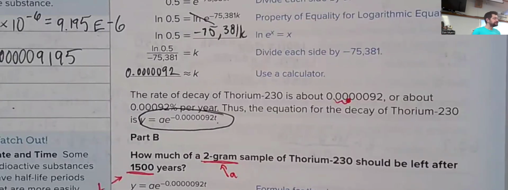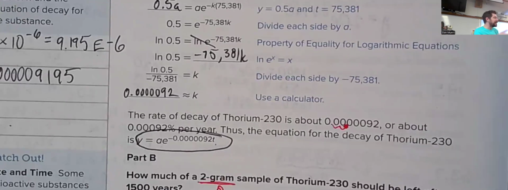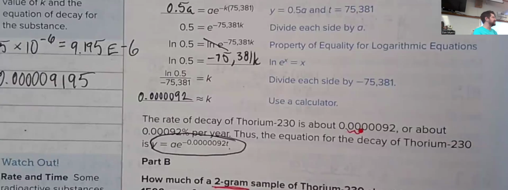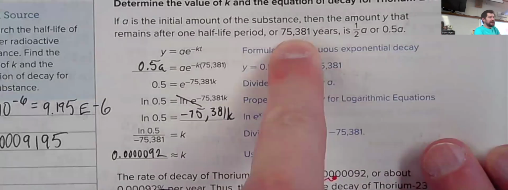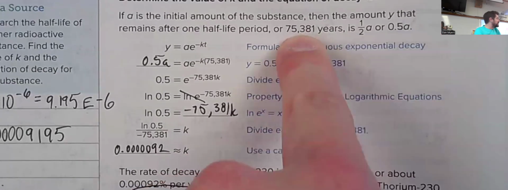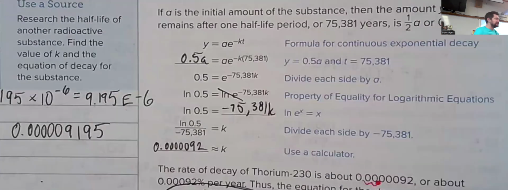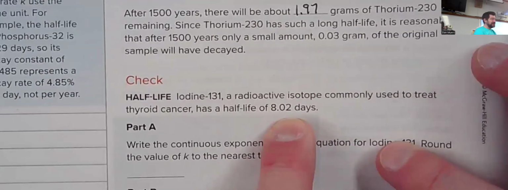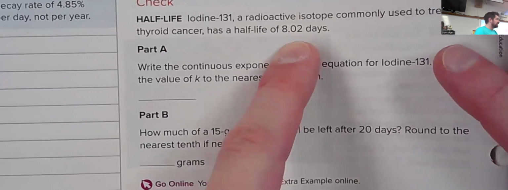Okay. Got it. Most materials have some amount of radioactivity, but most of them have such low levels that they're not dangerous. I'm not a scientist, so don't quote me on this, but I would assume that this is not dangerous. If it takes that long for half of it to be left, that doesn't seem dangerous to me. This, however, seems pretty dangerous, so it is to be used only in highly controlled environments.